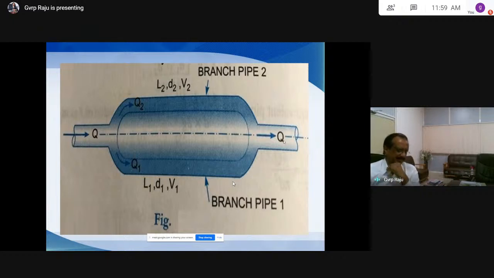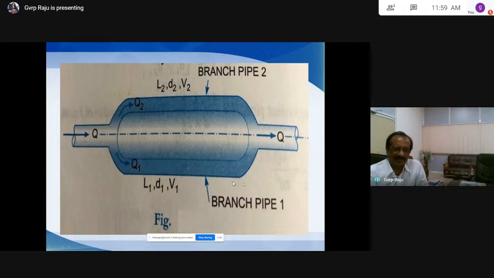What is the second equation here? We have two equations. One is the discharge equation, the other is the equation based on Bernoulli's equation, the sum of losses. So for the second one, the loss in pipe 1 and the loss in pipe 2, you can equate the loss in pipe 1 to the loss in pipe 2.